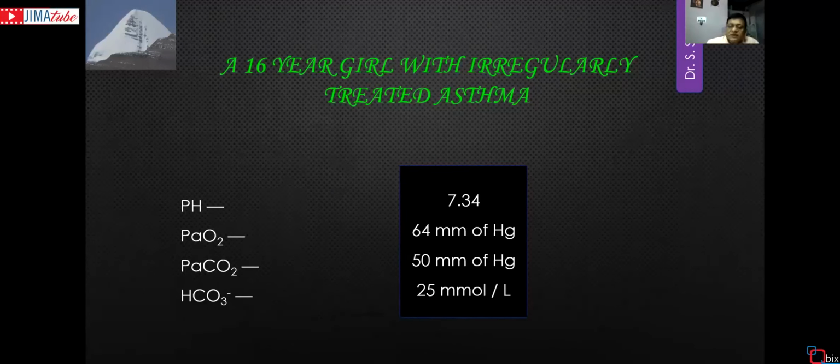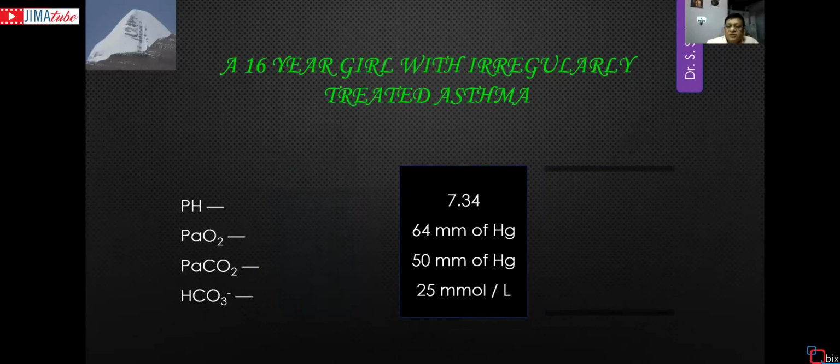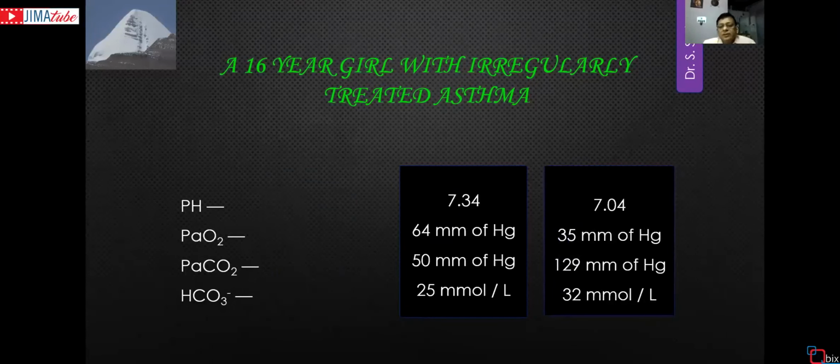But next day, the patient deteriorated and was referred to Kolkata. ABG was more acidotic, the carbon dioxide level increased and the patient's condition deteriorated.